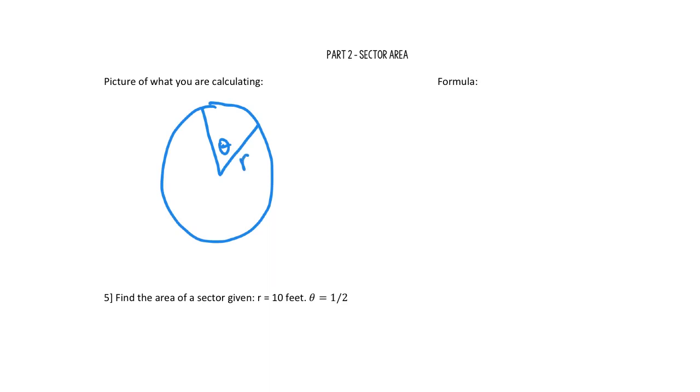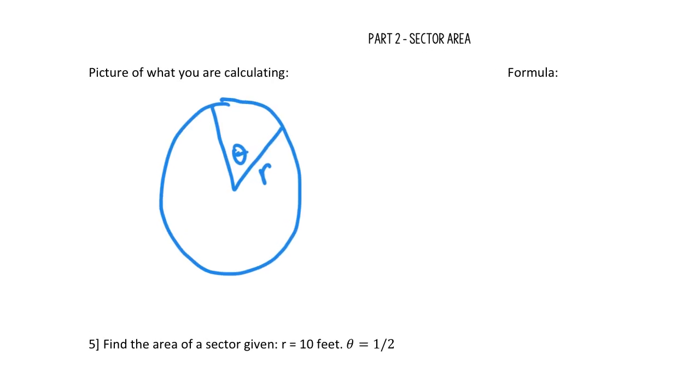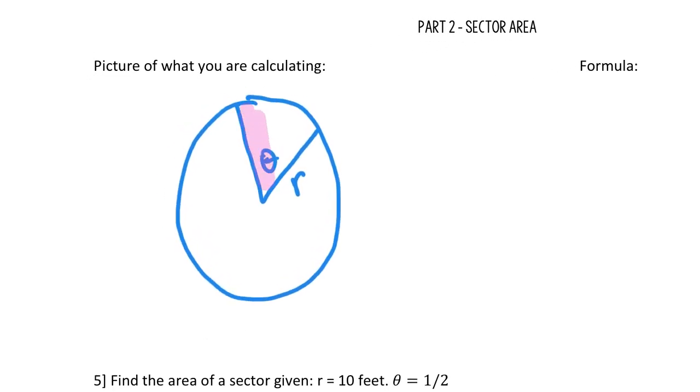You're still going to be given information about a radius to determine the size of the circle. When you're finding sector area, though, we're finding the area of that pizza. So if arc length is like the length of the pizza crust, sector area is how much area that pizza slice takes up. The formula looks like this.